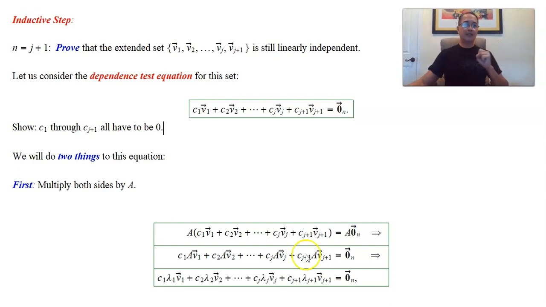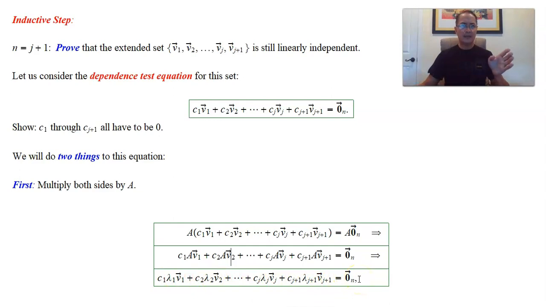Now the magic step: each of these vectors is an eigenvector, and the corresponding eigenvalue has the same subscript. So A v1 is lambda 1 v1, A v2 is lambda 2 v2, and so on. Starting with this dependence test equation, we get this new equation.